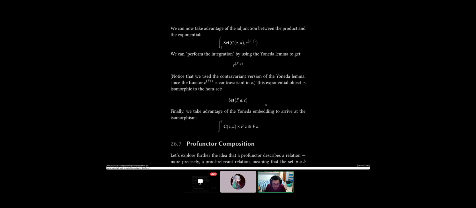So the c z a became the f of a, and the c f z became only c. Well, the c is the output of this function type, right? Yeah, so it's on the output side of this home set. I'm trying to understand what happened with the home set and the f z.